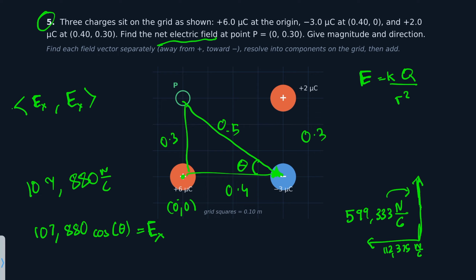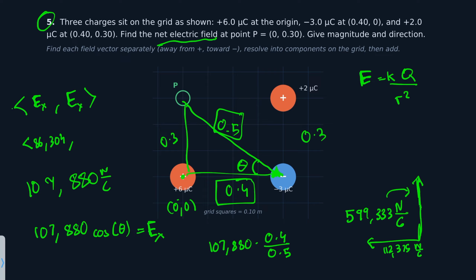So cosine of theta is adjacent over hypotenuse, okay? So 107,880 times 0.4 over 0.5. So this should give you about 86,304.